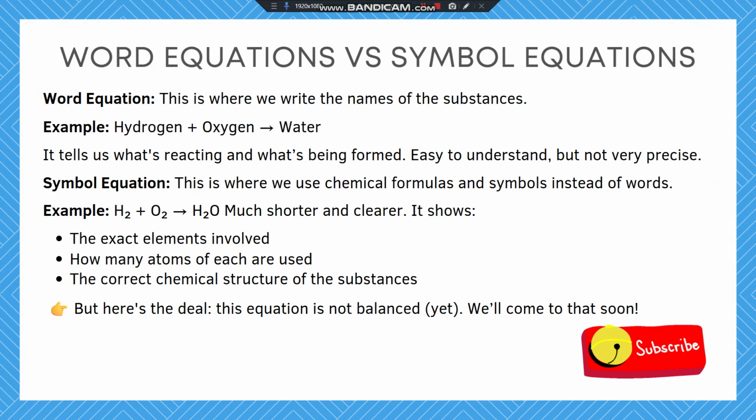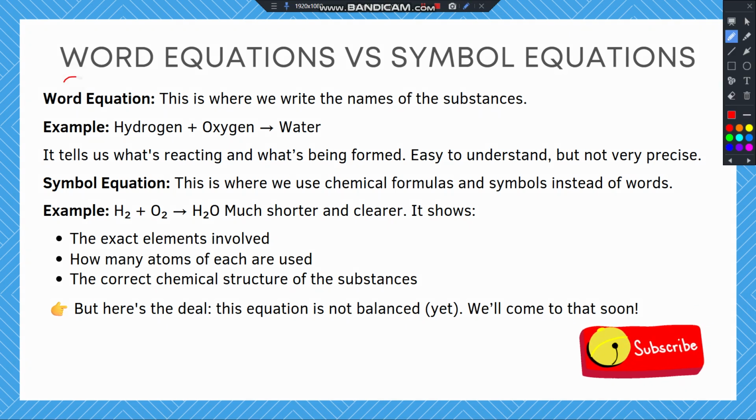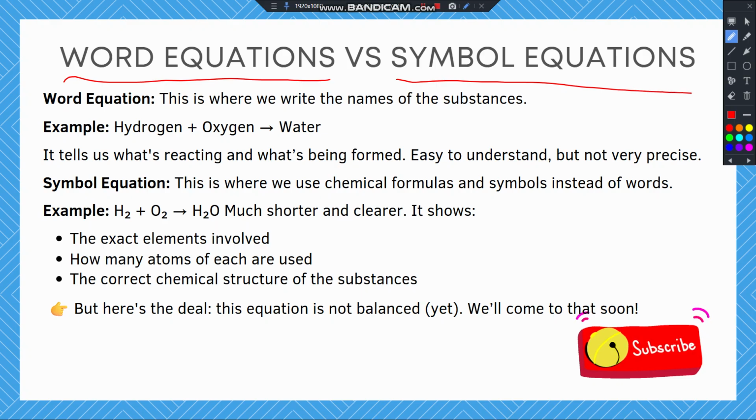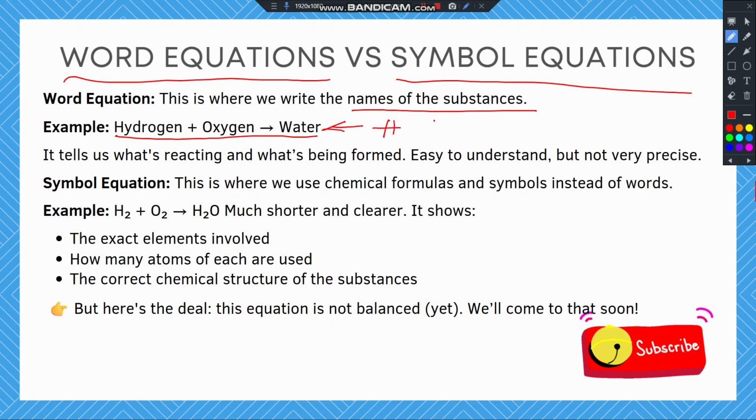There are two ways that you can represent a chemical equation, okay? The first way is the word equation format, and then the second way is the symbol equation format. Alright, now the first one, which is called the word equation format, is a process where you write a chemical equation using the names of the substances. Now, when you do this, you write the names of the reactants and the products in full. For instance, you have this example over here that says hydrogen reacting with oxygen to form water.